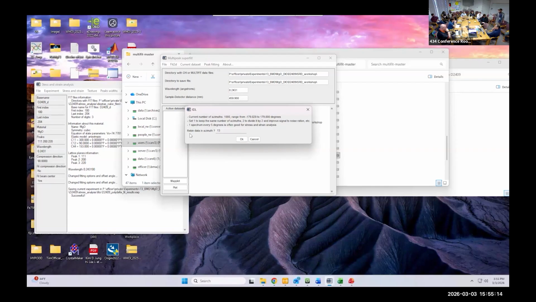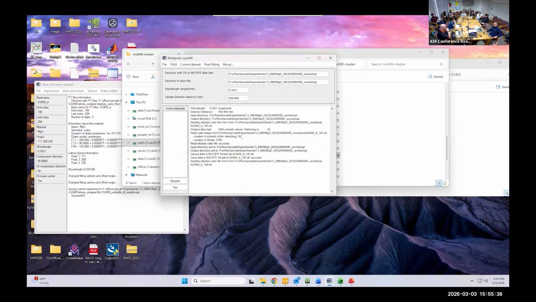Right now, the default is 1,000. That's a lot. So I'm going to divide by 14, which gives me roughly 5 degrees that I'm going to integrate over. So I'll have 72 points around the ring. And I'll say okay. So now it's going to do that integration for me and make my IDL files.